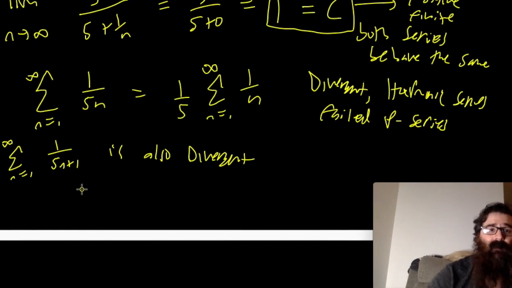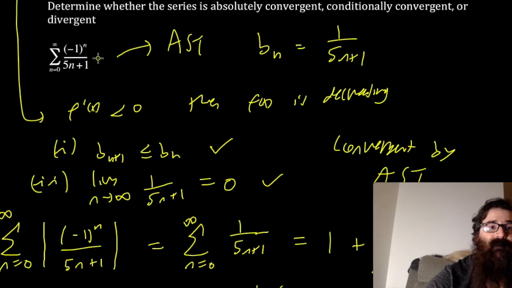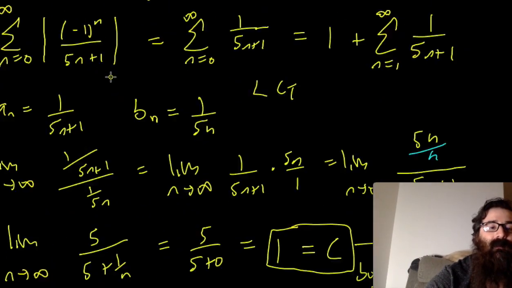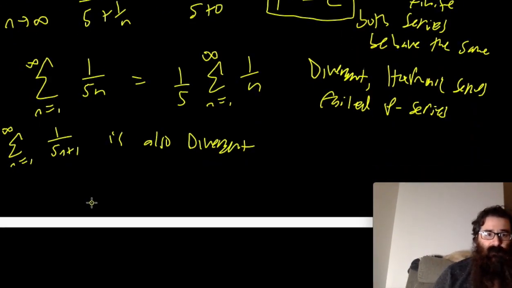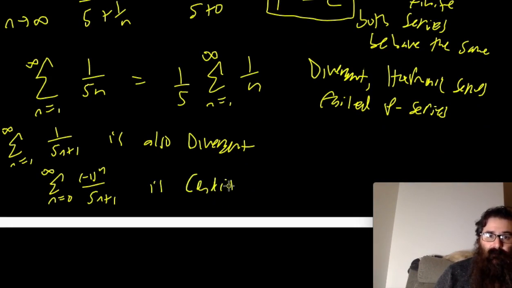So what I had to start, the sum from n equals 0 to infinity of negative 1 to the n, all divided by 5n plus 1, is conditionally convergent.